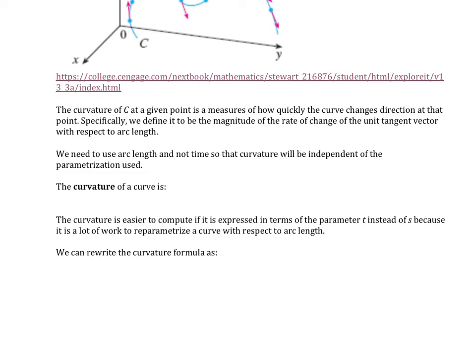Curvature is represented by kappa, the Greek kappa, which looks like a squatty K. So kappa equals the magnitude of the derivative of the unit tangent vector T with respect to arc length.